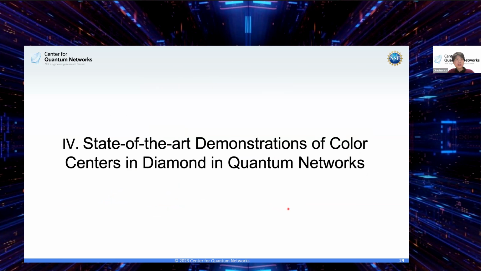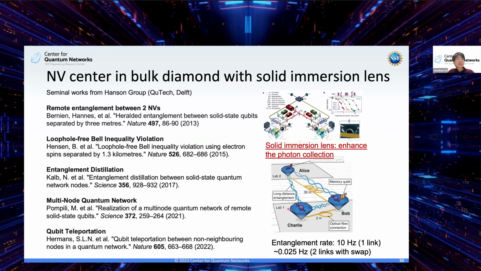So now we have a little bit of time so that I can go over some state-of-the-art demonstrations of these two kinds of color centers in diamond for quantum networks. The first group of seminal works is from TU Delft. It's using the NV center in the bulk diamond. Their secret technique is this solid immersion lens. The NV center itself is originally limited in its efficiency of generating photon-spin entanglement.